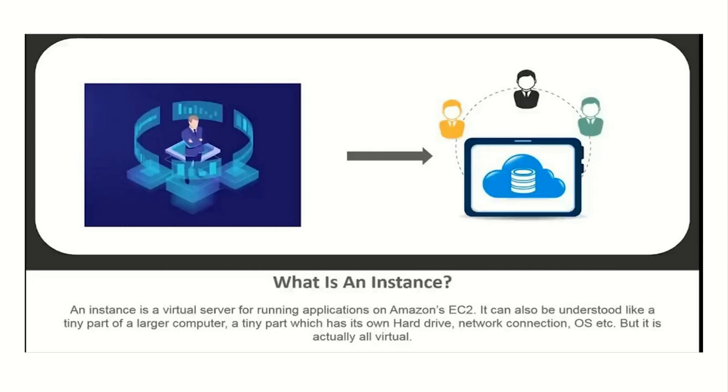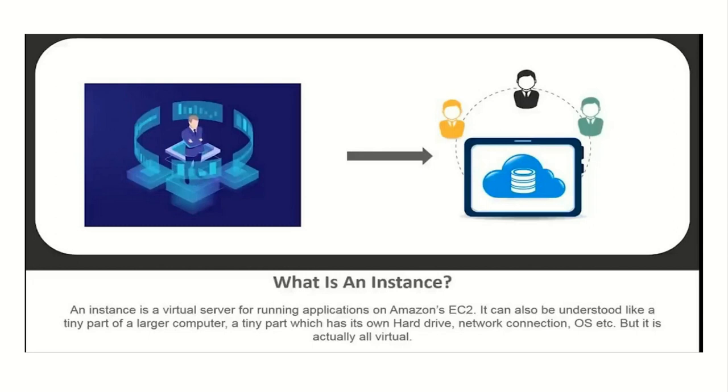Now we understood what an instance is, and what virtualization is to some extent at least. As far as this session goes, I believe this information is enough. If you wish to know more about virtualization, you can visit any YouTube channel and take a look at a VMware tutorial.